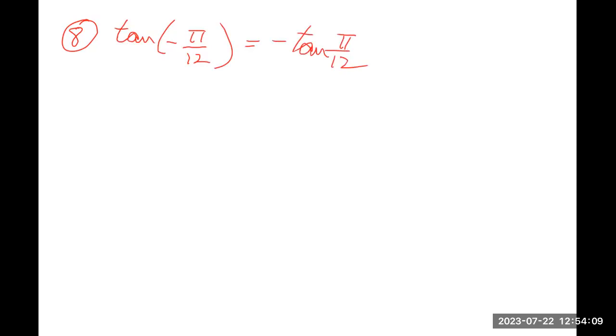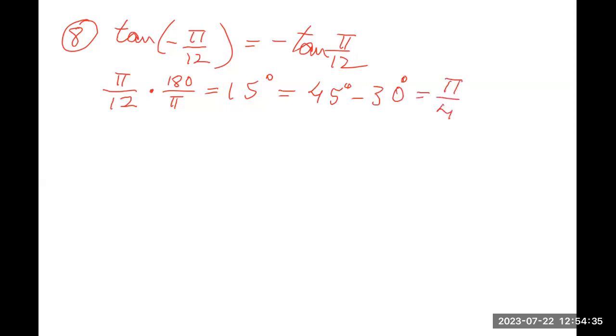And π/12, if you convert it to degrees, that's 15 degrees. And you can think of 15 as being 45 minus 30. So basically in radians, π/4 minus π/6.